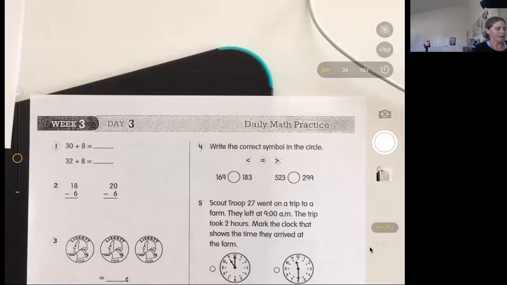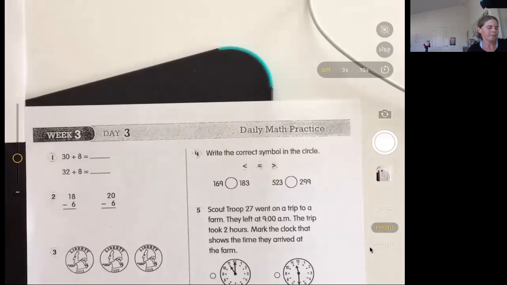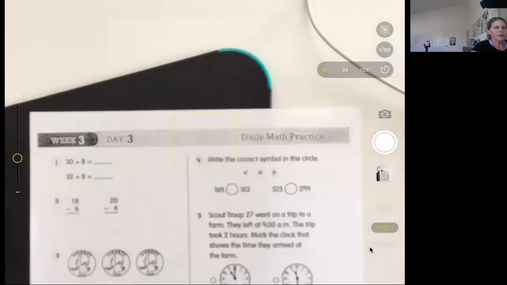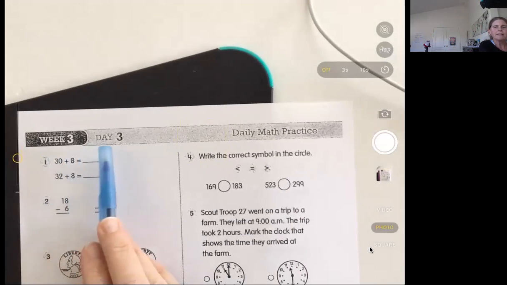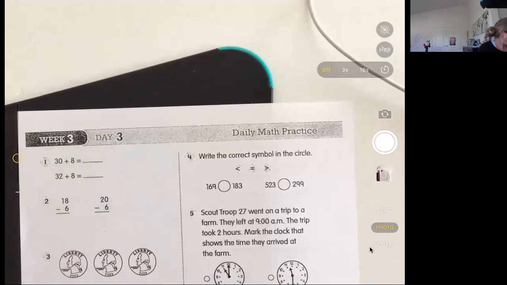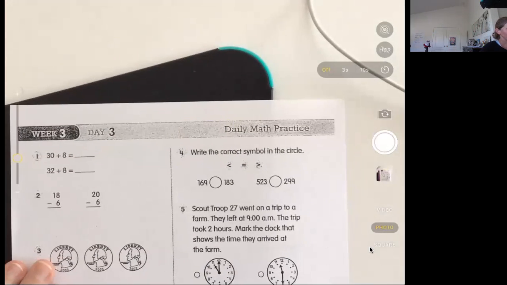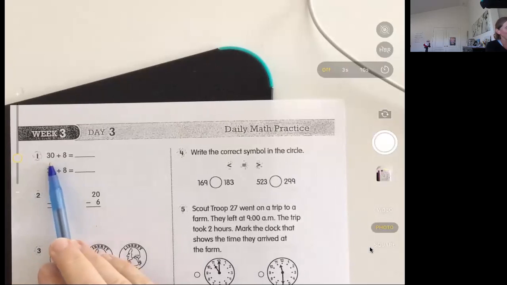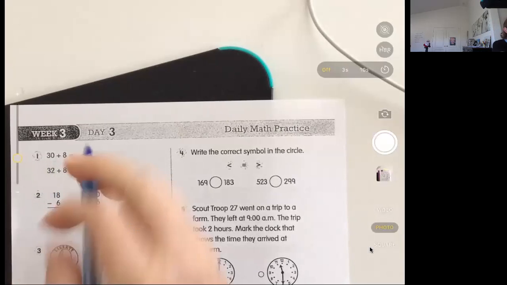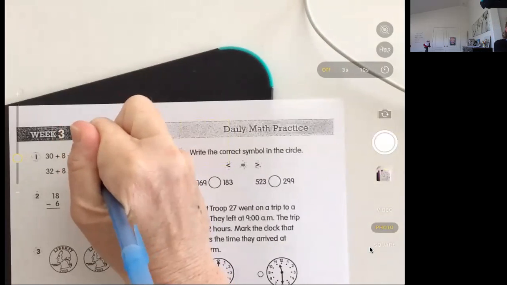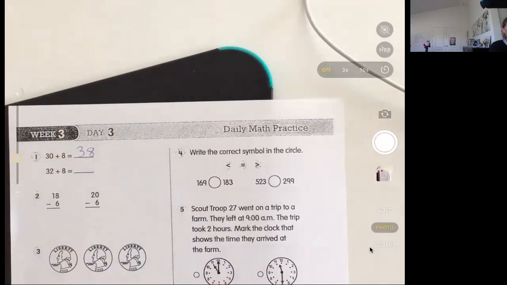Wonderful. And here we go. I want to make sure that I'm on week 3, day 3. And I'm going to start with number 1. 1 and 2 usually have something that could help you from the first one to the second one. So let's start up here. We'll say 30 plus 8. I hope that you all said 38, right?